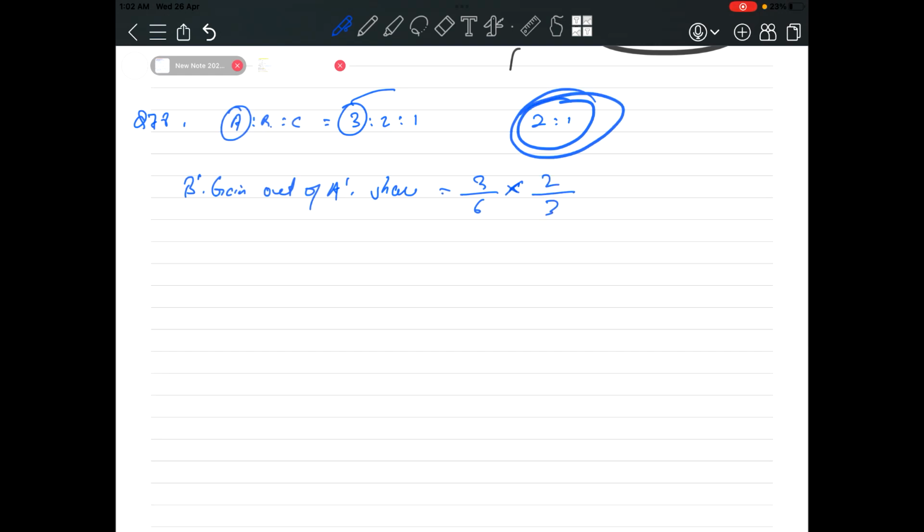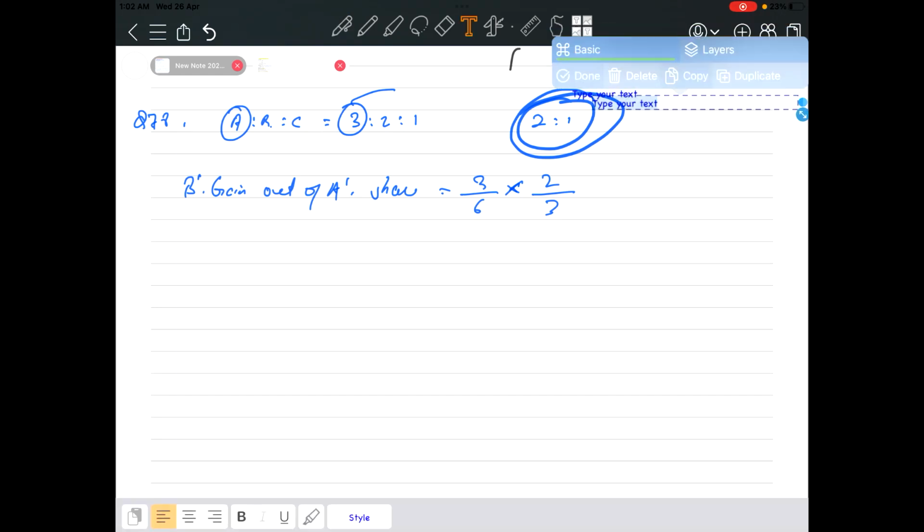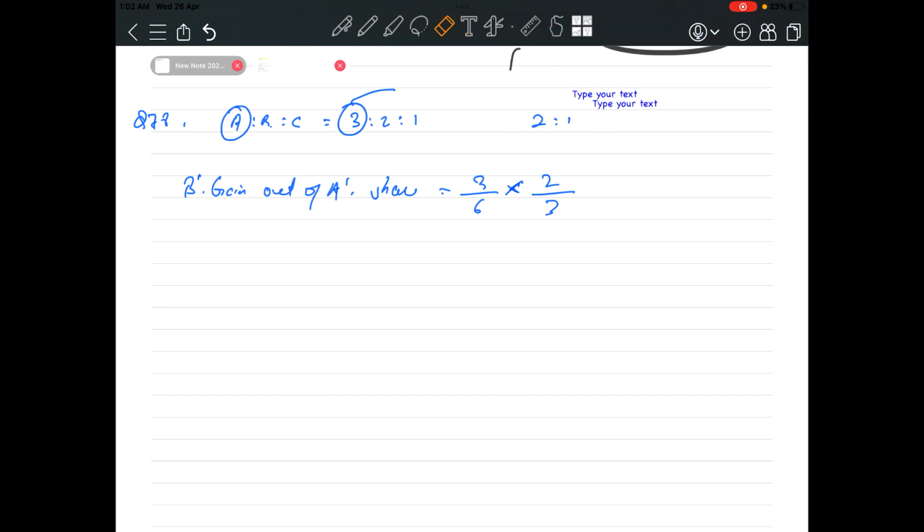B will get 2 by 3. Okay, so B and C will get the share in the ratio 2:1. What will be B's gain? 6 by 18, 1 by 3. Okay, this is B's gain.